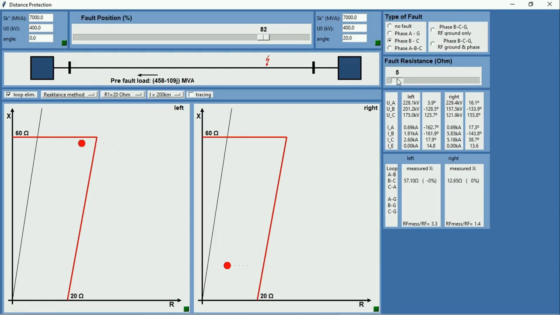That means it really gives a better measurement in case of fault resistances and pre-fault load flow. And for that reason, and because it also has some other advantages, we highly recommend to activate that method in our protection relays. So that was a short look at the simulation. We will now continue with the slides again.